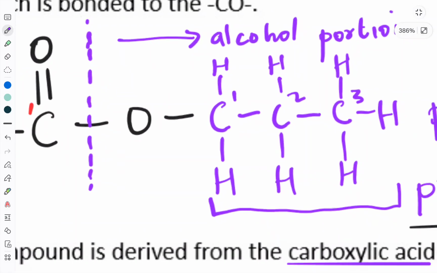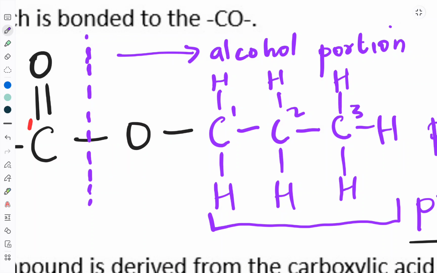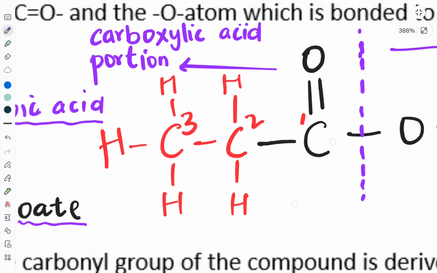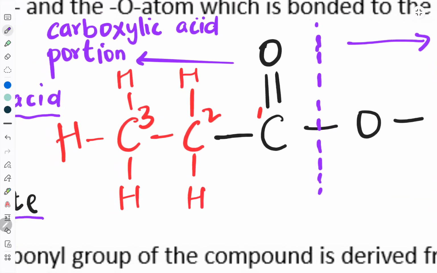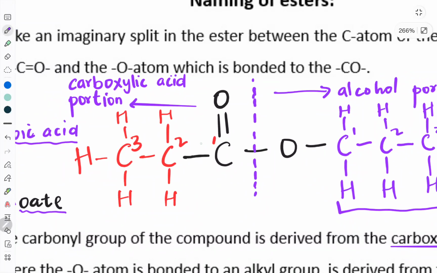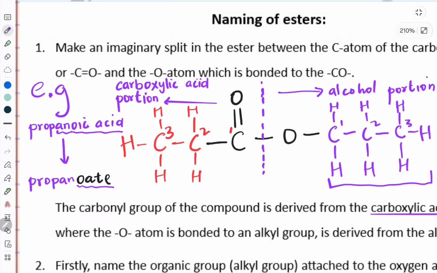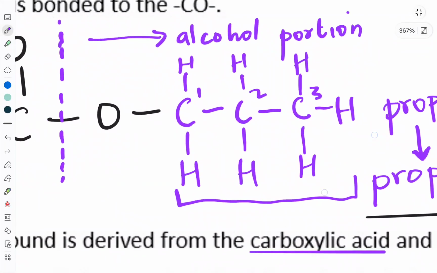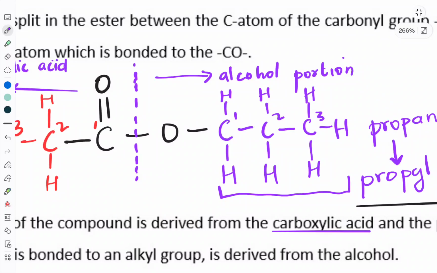For the alcohol part, we just count how many carbon atoms are there, and for the carboxylic acid portion, we also count how many carbon atoms are there. So there's no such thing as numbering closest to the functional group here. You just split it and count how many carbon atoms are there, and the same thing on this side.